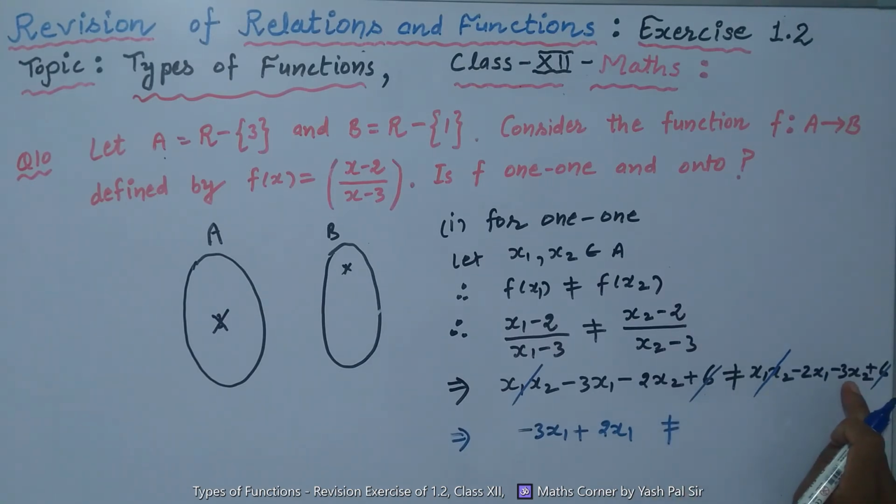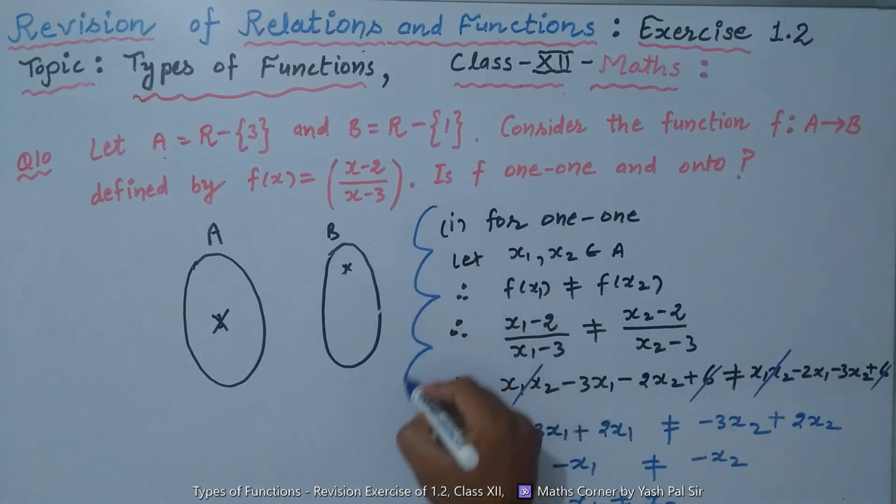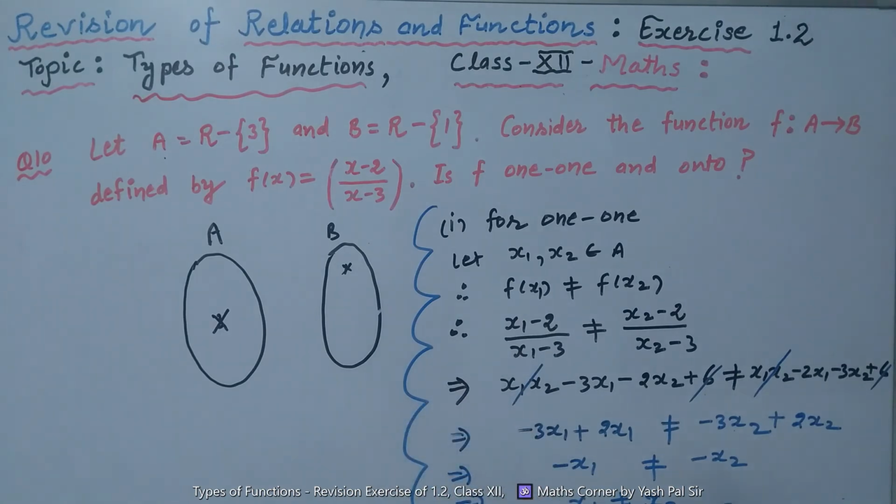On the right-hand side, minus 3x2 and minus 2x2 will become plus 2x2. So minus 3x1 plus 2x1, minus x1, is not equal to minus 3x2 plus 2x2, minus x2. So the conclusion is x1 is not equal to x2. So we have proved the condition for one-one function.